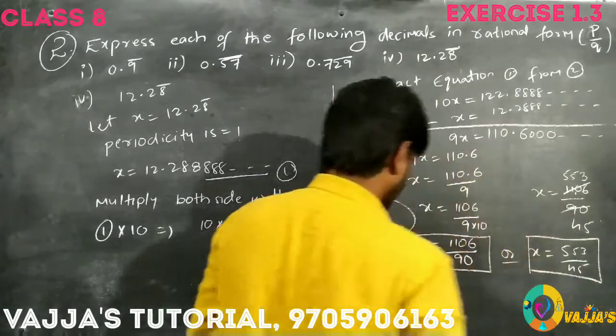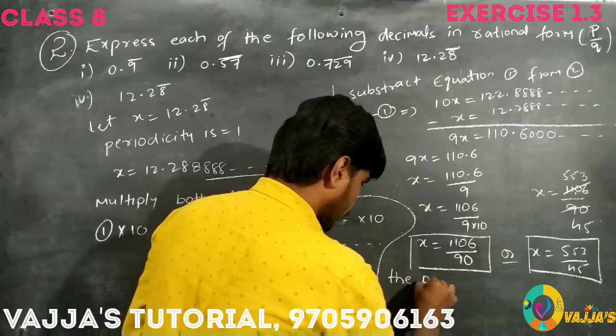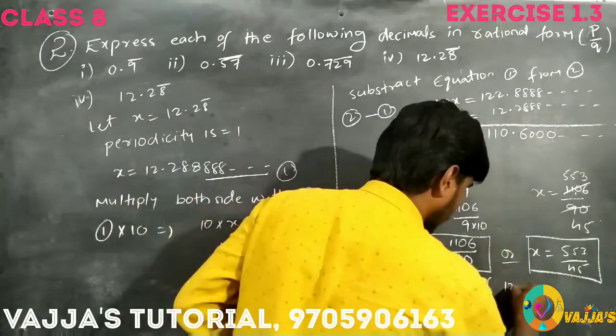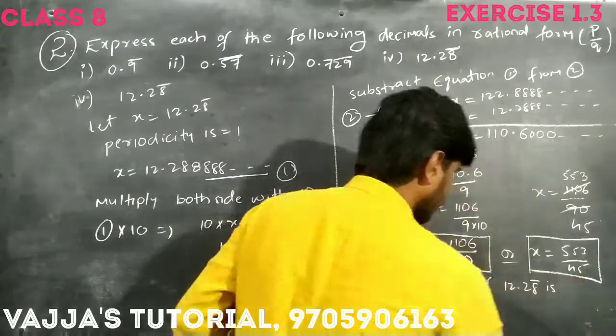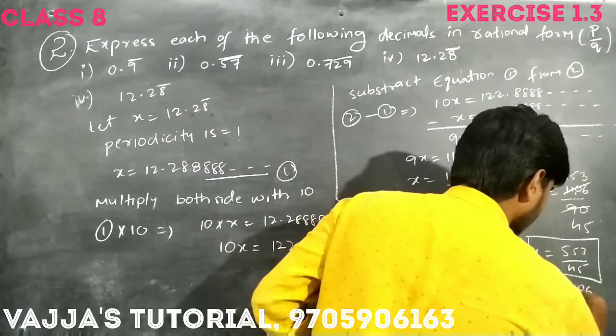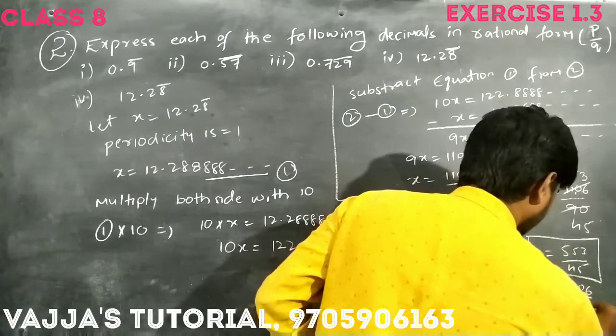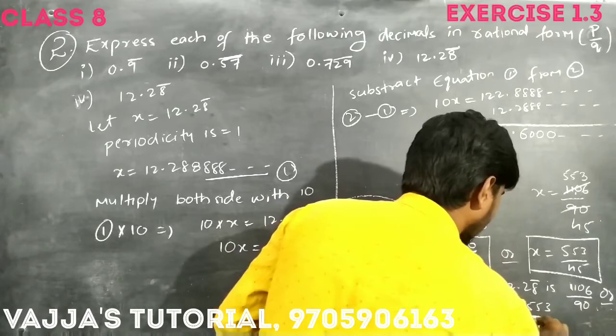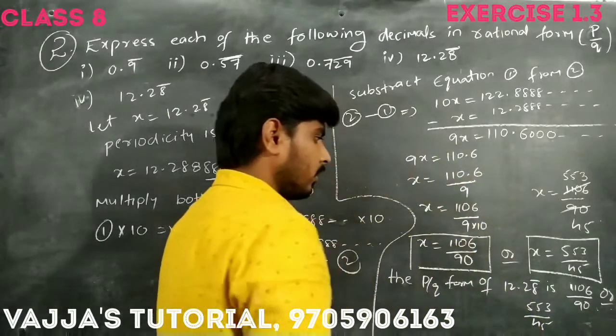Okay, so the p by q form of 12.28 bar is 1106 by 90 or 553 by 45. Okay, right.